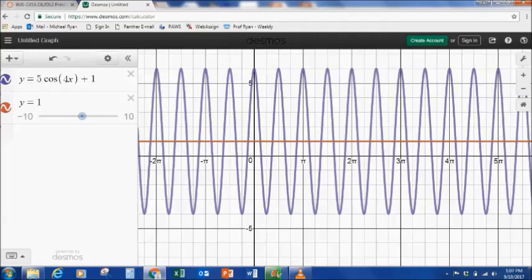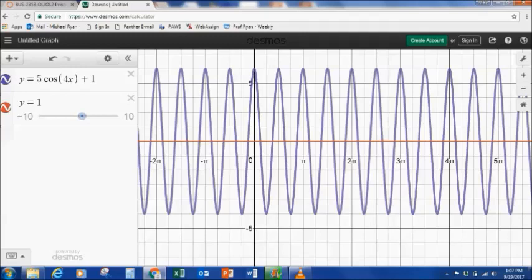Add the lowest y value, add them together. So the highest point is 6, the lowest point is -4. If you add those together, 6 plus -4 is 2. Then divide by 2, and that gives you the midline, which is the vertical shift. So in this case, the midline is at +1, so that means there's a +1 at the end of the function.